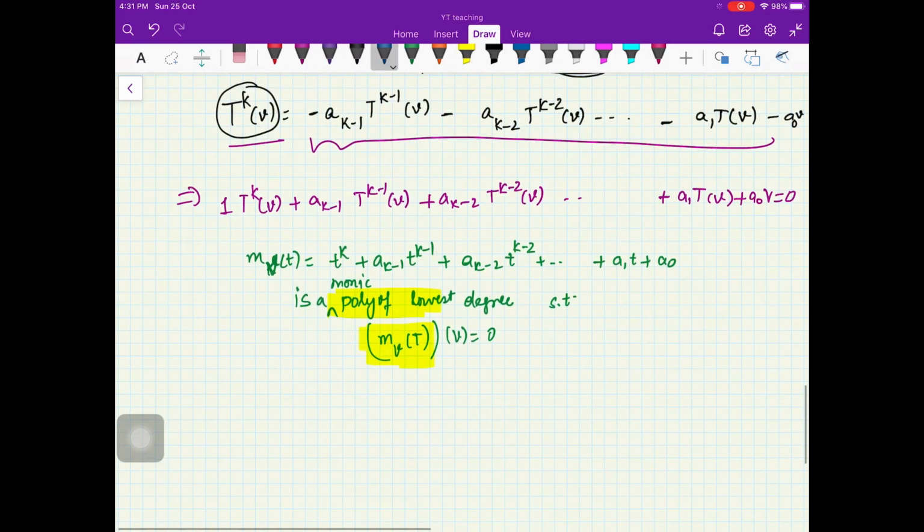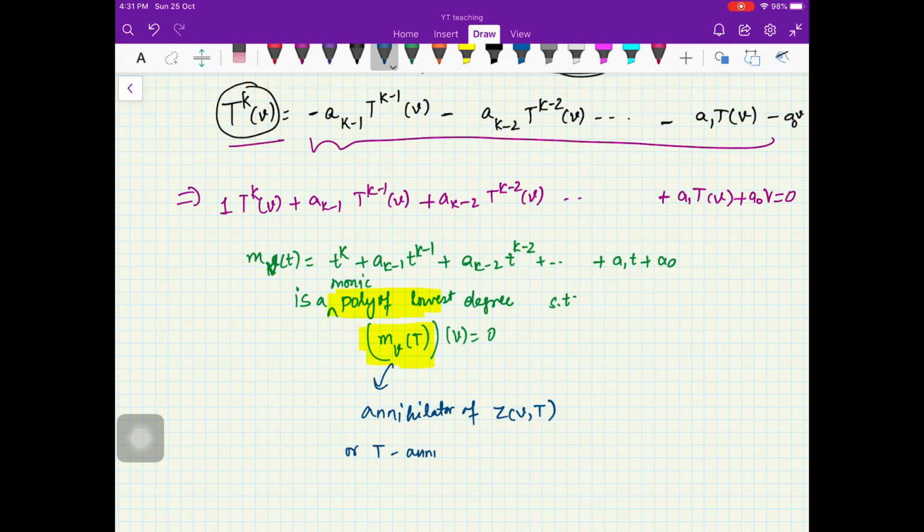So this m_v(t), which is a monic polynomial, is called the annihilator of Z(v, T), which is your cyclic subspace, and it is also called the T annihilator of v.